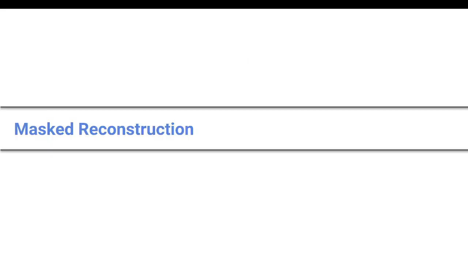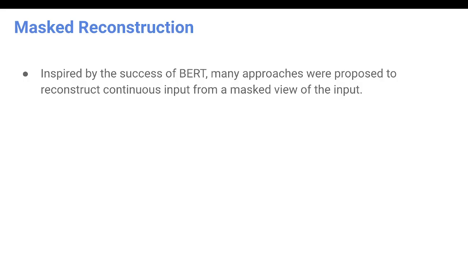Another family of approaches developed within the generative paradigm is masked reconstruction, inspired by the success of BERT in language. The proposal is to reconstruct the continuous input from a masked view of the same input.